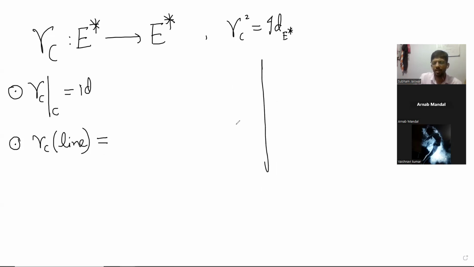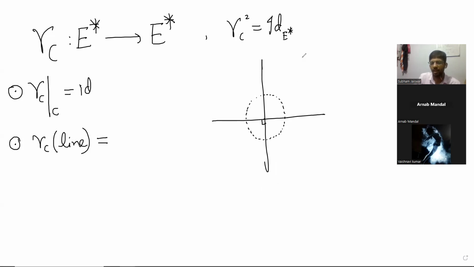Maybe we'll take the center of the function at the origin and draw some pictures. Maybe I should draw a proper circle, but anyway, a dotted circle. Now, what do you think happens to the line? What line? That's the question.